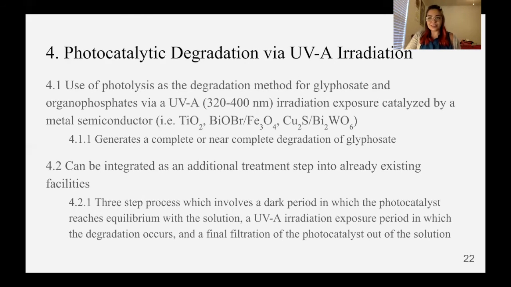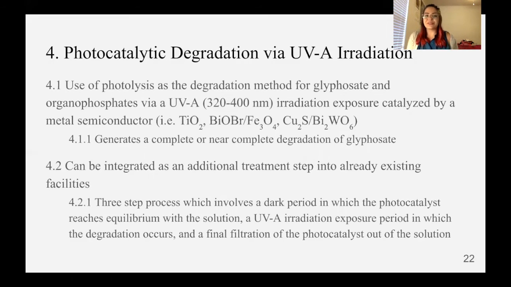For our photolysis method, we considered photocatalytic degradation via UVA irradiation, UVA radiation being in the 320 to 400 nanometer wavelength range, and then exposing this to a catalyst, specifically a metal semiconductor, most typically titanium oxide, but it can also come in the form of other metal semiconductors.